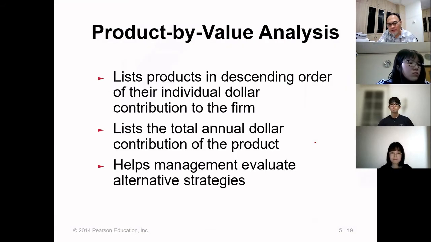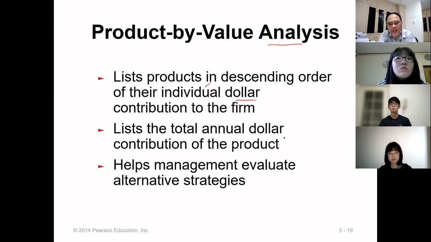Companies need to understand which products they actually need to develop. So this is a kind of analysis, product by value analysis. You want to look at which particular product, not only to design and develop, but also in terms of your manufacturing decisions, whether you want to produce that product or not. So how do you do this analysis? You list the products in descending order of their individual dollar contribution to the company.